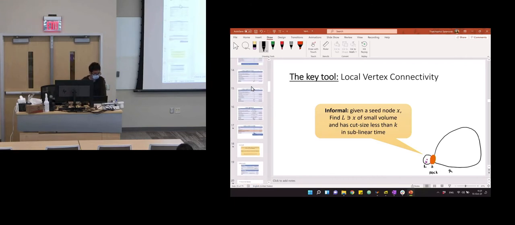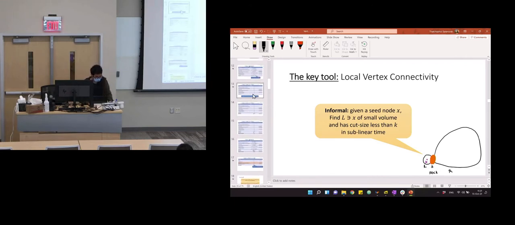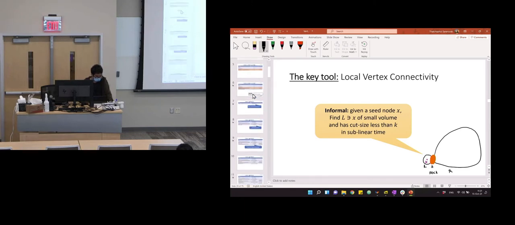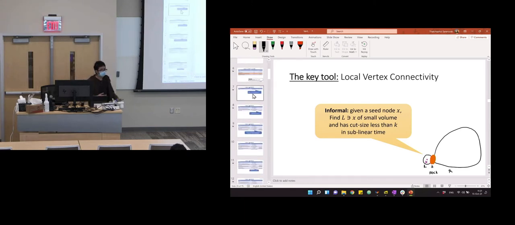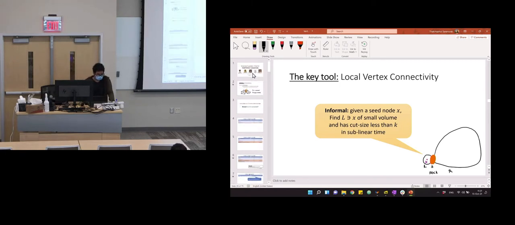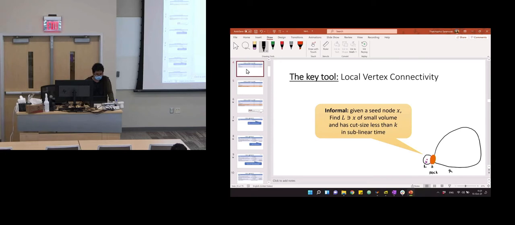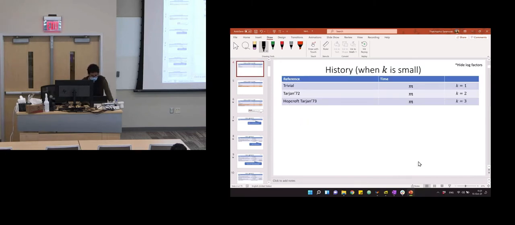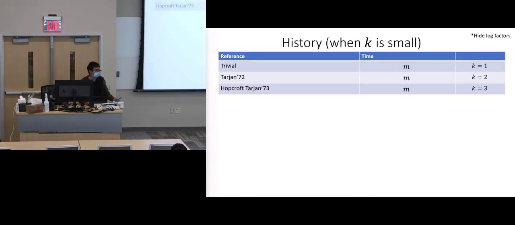So this is the algorithm basically, and maybe it's worth mentioning, although this algorithm is very simple, I want to tell you about the history a bit. Basically the problem of checking vertex min cut, like whether the graph is k connected or not, people have tried to solve it, and for small k, like k equals 3, it has been solved from the 70s already.